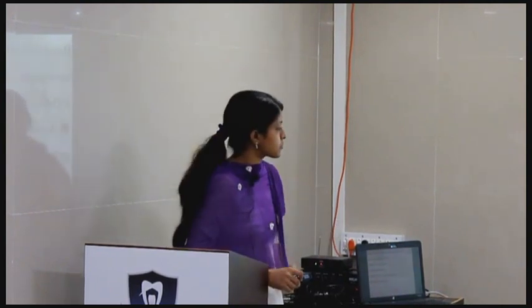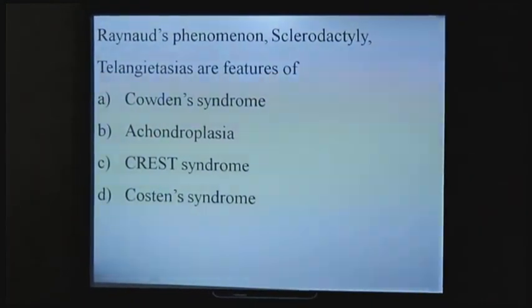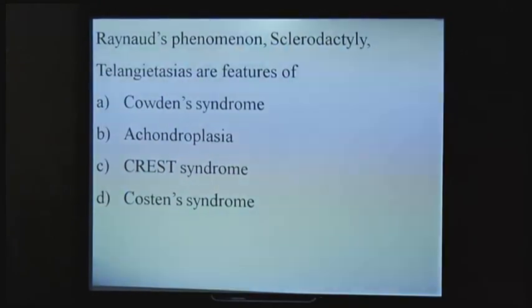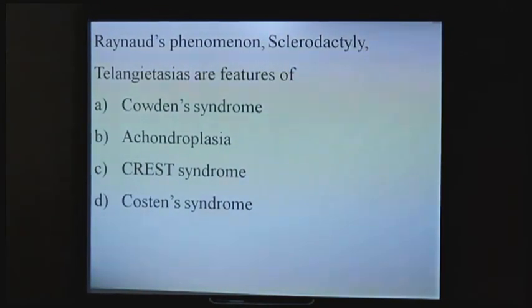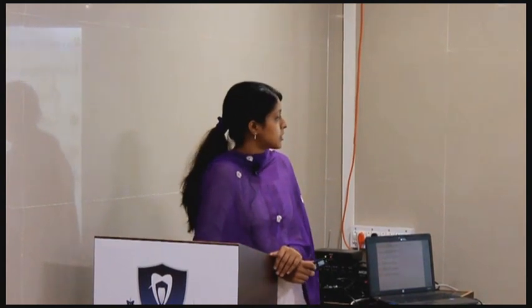Okay. Costen syndrome, ear deformities, and it is related to any kind of TMJ derangement. Raynaud's phenomenon, sclerodactyly, telangiectasia, some features of CREST. So what does C stand for? Calcinosis cutis. Raynaud's phenomenon, esophageal strictures, sclerodactyly and telangiectasia.